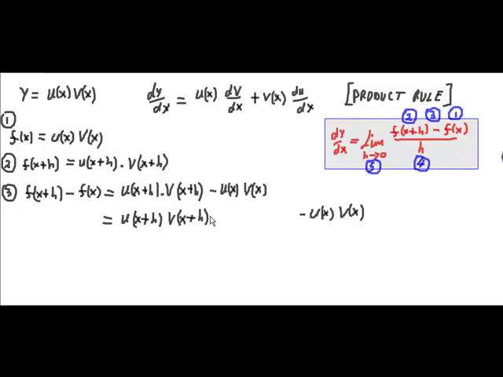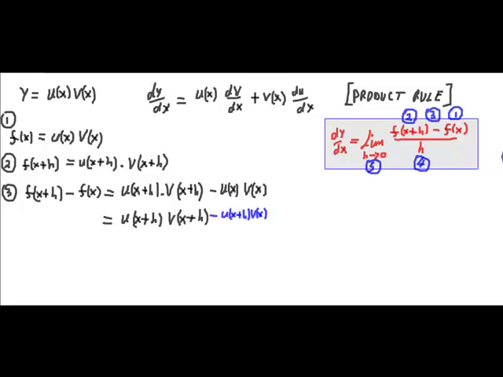So the first one is we're going to subtract u(x+h)v(x), and to compensate, of course, we're going to have to add that term again. So I might just make some space for myself here.